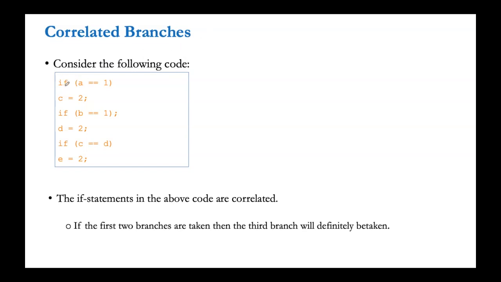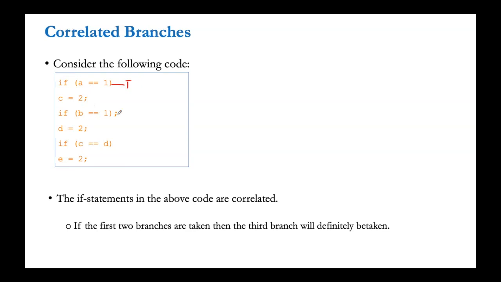If A is equal to 1, then this branch will be taken, and 2 is assigned to the variable C. If B is equal to 1, then 2 is assigned to the variable D. If C is equal to 2, then 2 will be assigned to the variable E. Let us assume the first branch, if A is equal to 1, is true, so it will be taken.